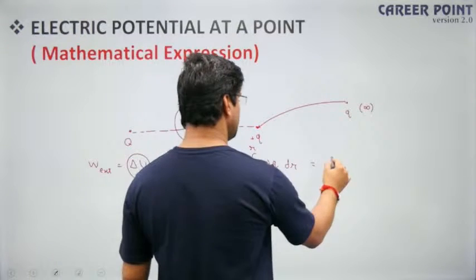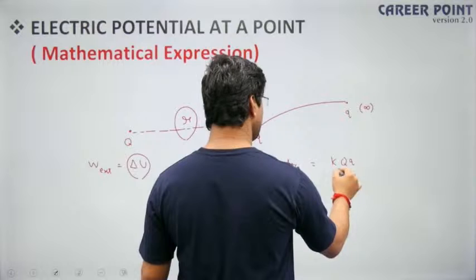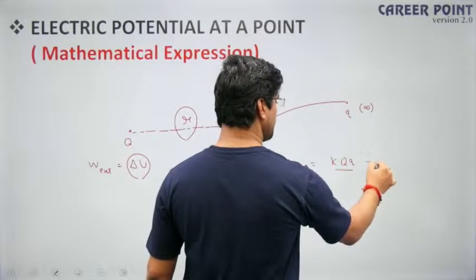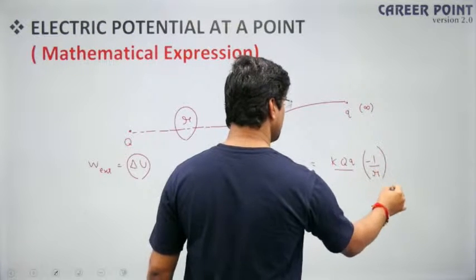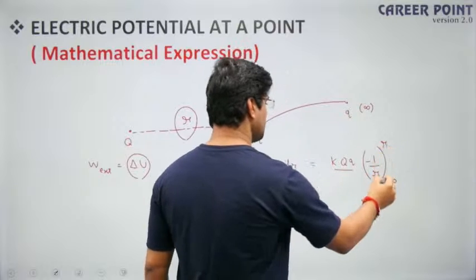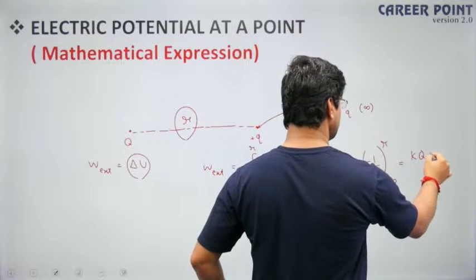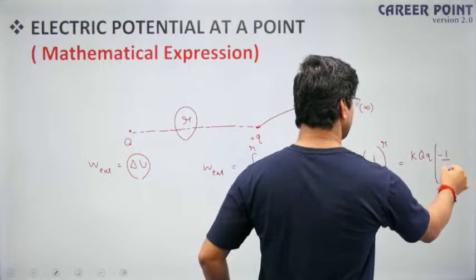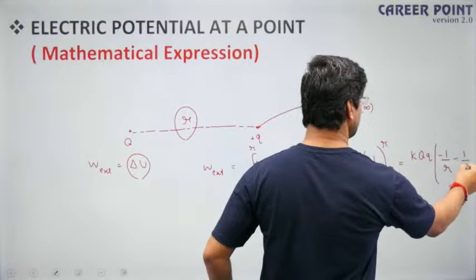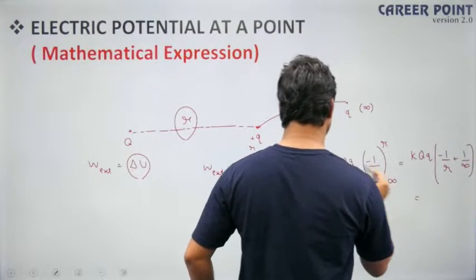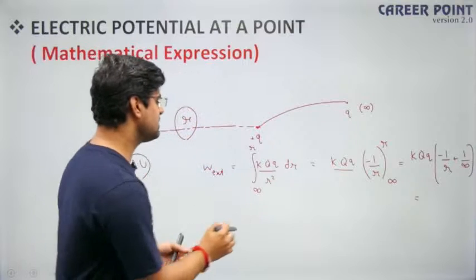So from here, kq integral of dr upon r square will give us minus 1 by r, from infinity to r. So we can say kq times minus 1 by r minus 1 by infinity.